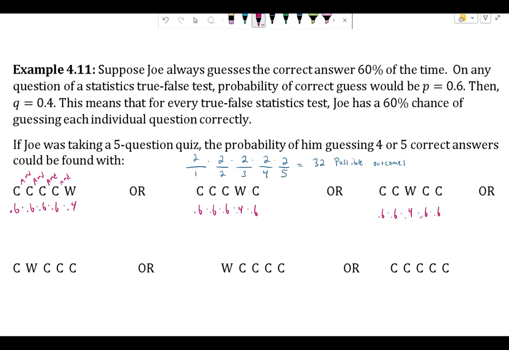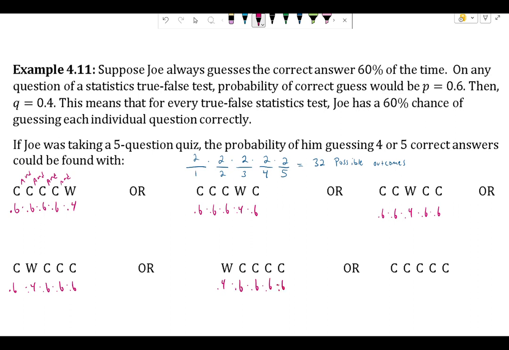Either way, we have 4 60% answers and 1 40% answer. Then if we look at the fourth option, we have 0.6 times 0.4 times 0.6 times 0.6 times 0.6. And then lastly, we have 0.4 times 0.6 times 0.6 times 0.6 times 0.6.